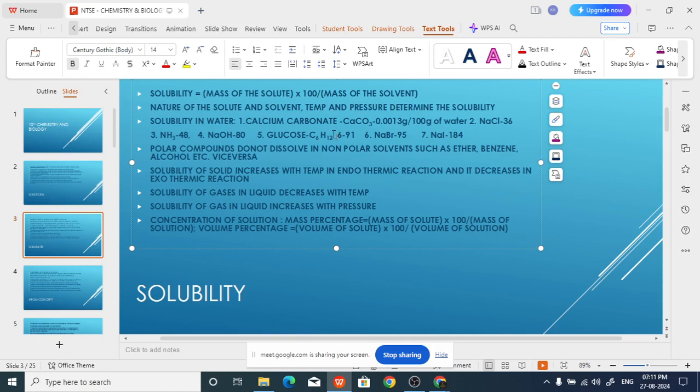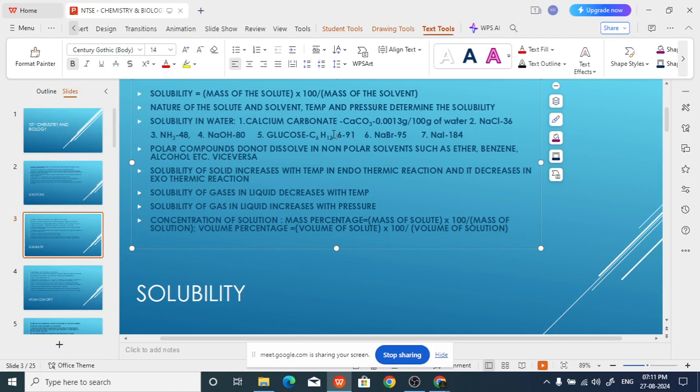Water is a polar solvent, so polar compounds do not dissolve in non-polar solvents. Which are non-polar solvents? Ether, benzene, alcohol are non-polar solvents, whereas water is a polar solvent. Solubility of solid increases with temperature in an endothermic reaction and it decreases in an exothermic reaction. A little confusing for me.